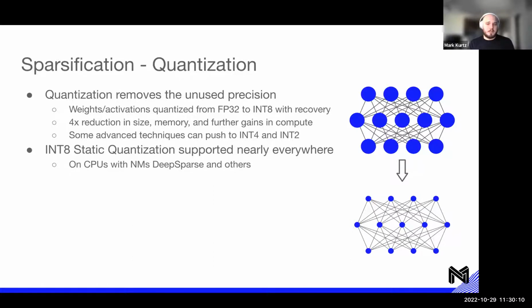So looking at INT8 static quantization, again, this is supported nearly everywhere. On CPUs, you'll get it with DeepSparse. Depending on the chipset that you're using, CPUs could give you better or worse performance. An older Intel or AMD chip is going to have a worse speedup relative to the FP32 baseline. This is because they only had AVX2 vector instruction sets, where we're taking 256 bits and running those all at once on the register.